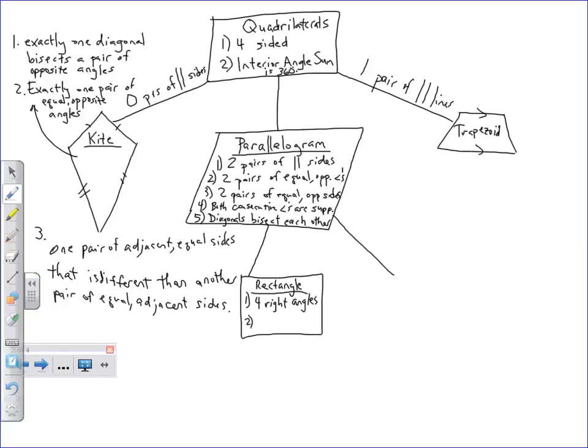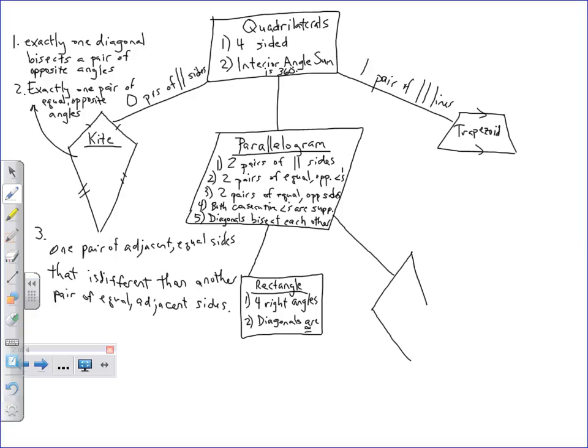The second is that you prove it's a parallelogram and that the diagonals are congruent.